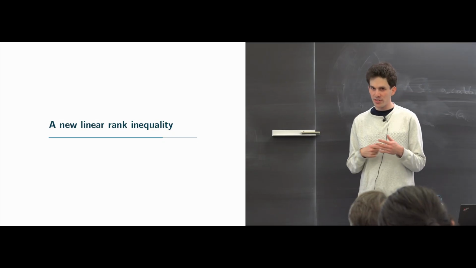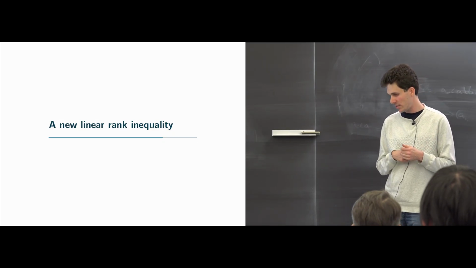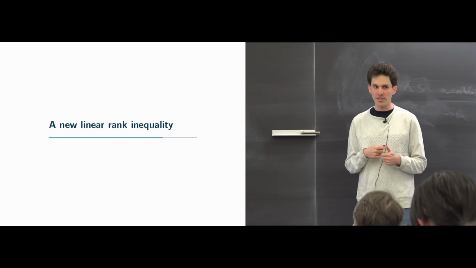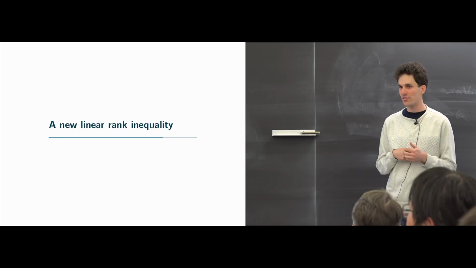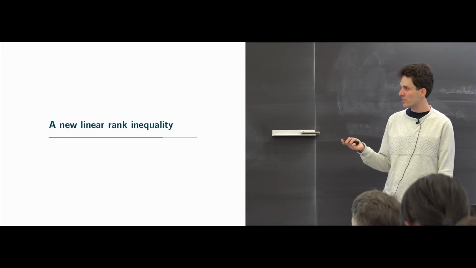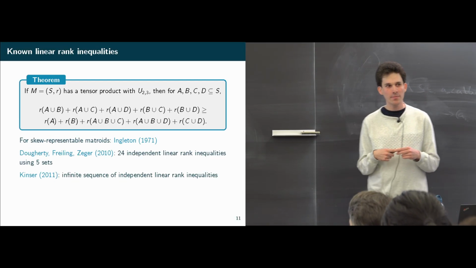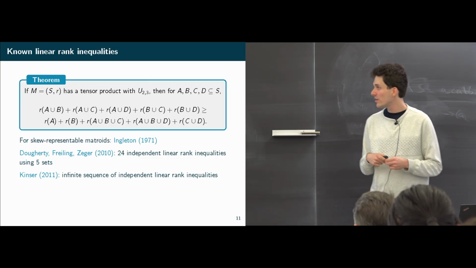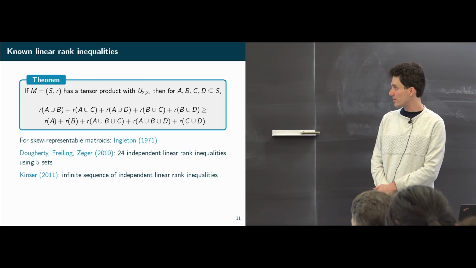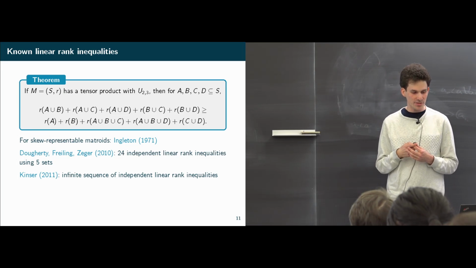And the second main result is that if we think back to the Ingleton's inequality proof, we also wondered how general this proof method is, with just drawing the dots and spanning subsets. So we're interested in whether we can derive something new easily using tensor products. Let's recall that we've seen that having a tensor product with U2,3 implies Ingleton's inequality.